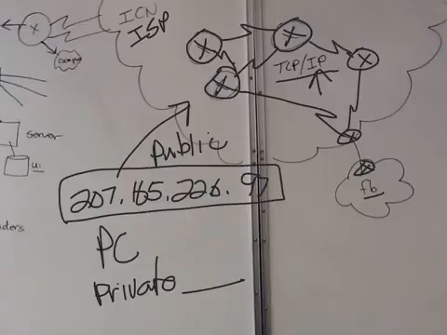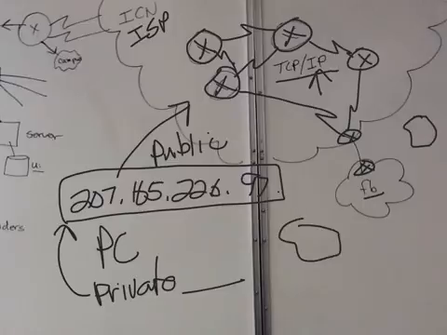So what happens is your private address gets translated into a public address, and we can all use the same public address out on the internet, because it doesn't make a difference which website anybody was going to.